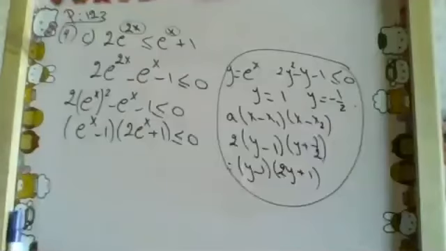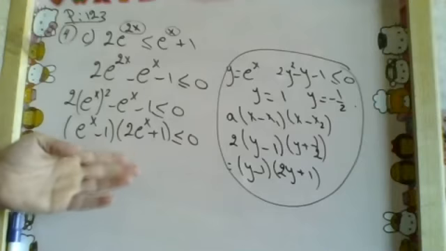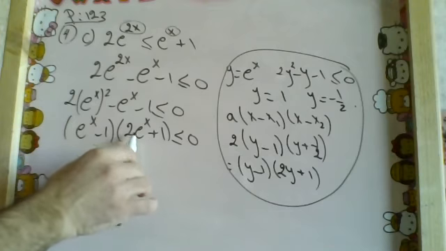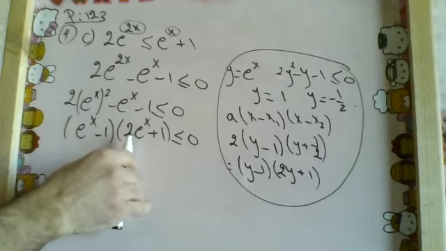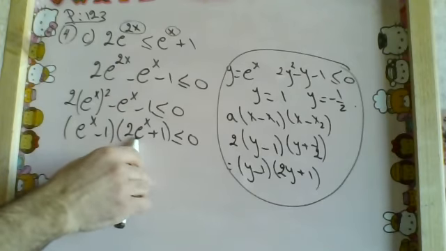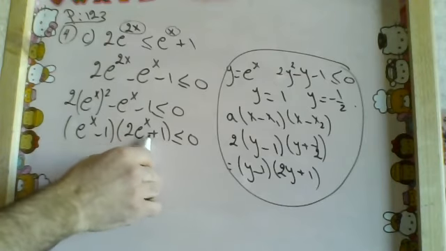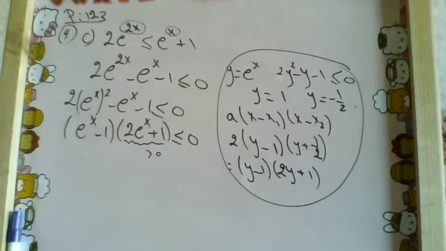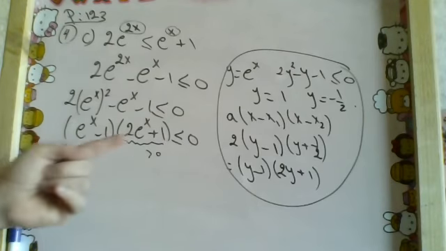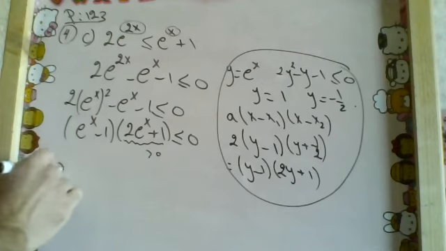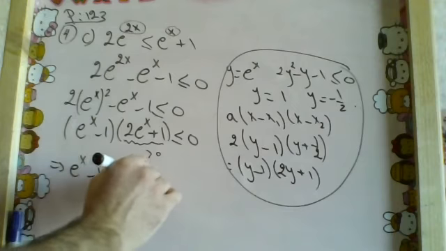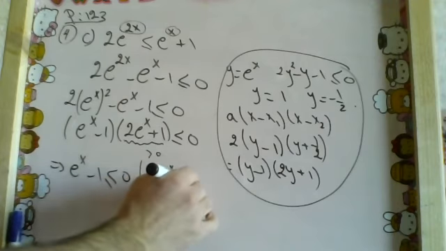From this step, how to continue? Here we can continue as we did in part A. e power x minus 1 is one factor and 2e power x plus 1 is the other. 2e power x plus 1 is positive, so e power x minus 1 should be negative, less than or equal to 0, because 2 e power x plus 1 is positive.